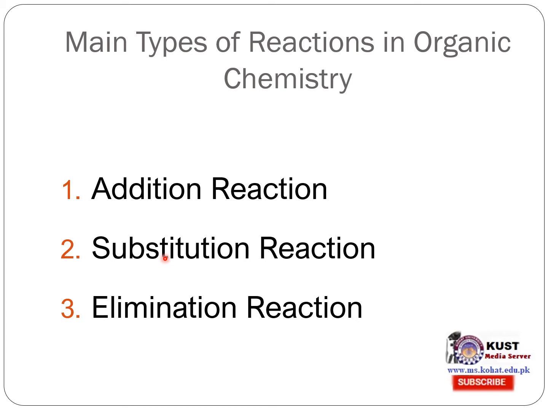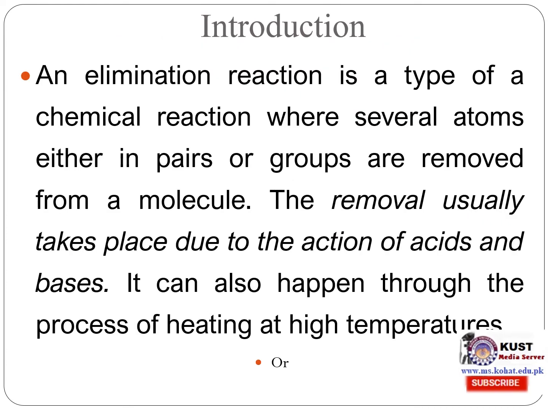As we have previously discussed, in elimination reaction, a group of atoms or molecules are removed from a saturated compound. Elimination reaction is a type of chemical reaction where several atoms, either in pair or groups, are removed from a molecule.